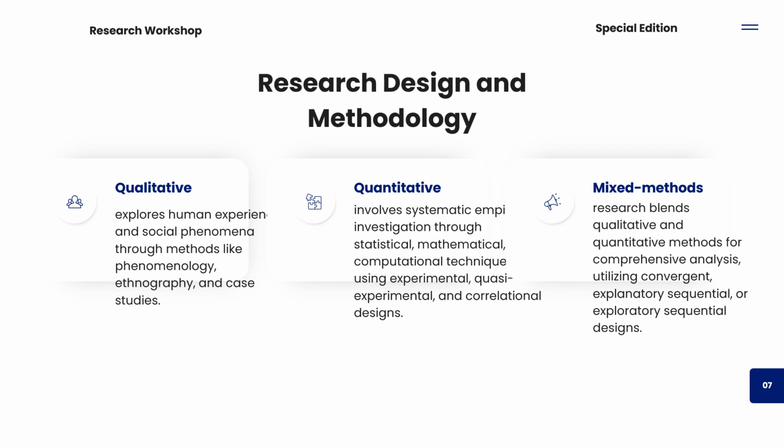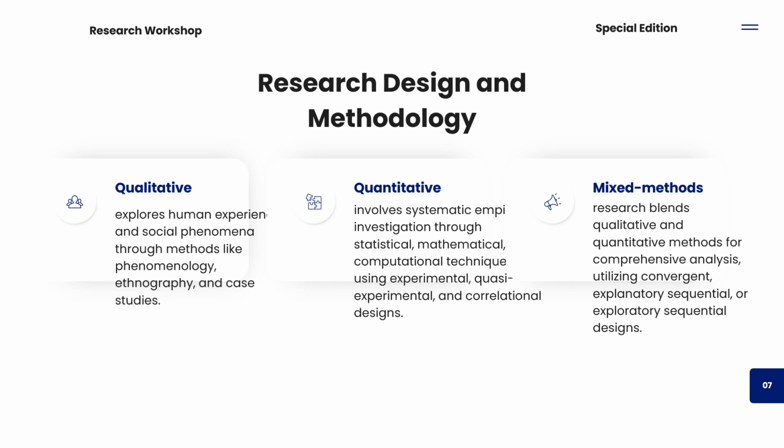So moving forward, after you must have done your literature review work, the next thing you want to look into is research design and methodology. So basically across all fields, we have about three methodologies, all right? We have qualitative, you have quantitative, and you have mixed method.